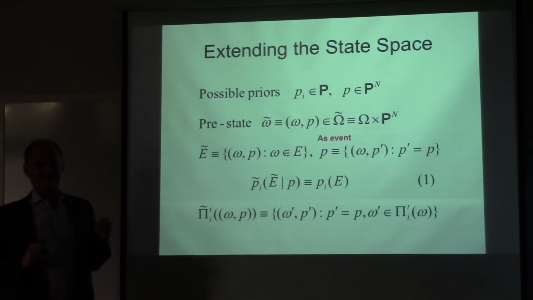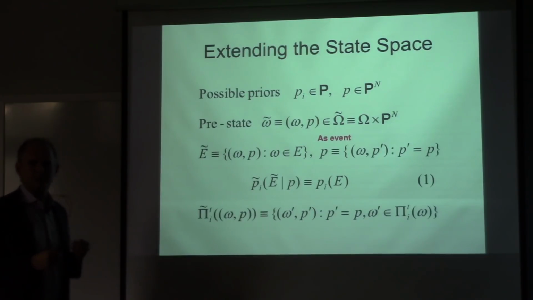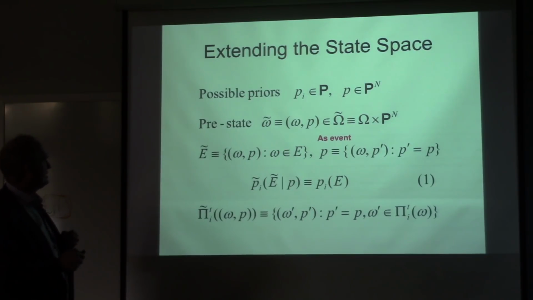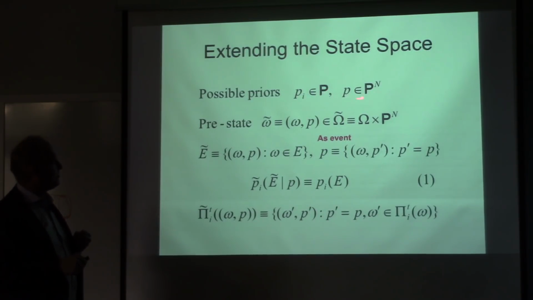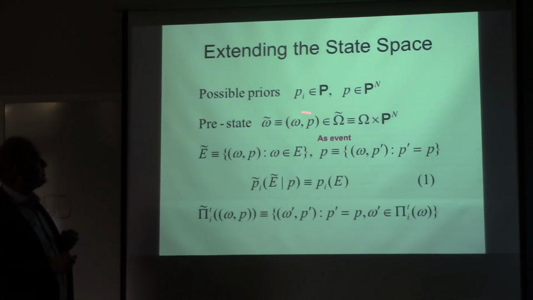So we have that model. Now we're going to extend it to make this cleverly extended model so that we can reason about the causal origins of priors. So we're going to need a space of possible priors. Each prior is an element of that space, and therefore the vector of all the priors is the element of this vector product space of those spaces. So there's a set of possible priors. Now we're going to take this original state omega and we're going to make an analogous pre-state, I call it.